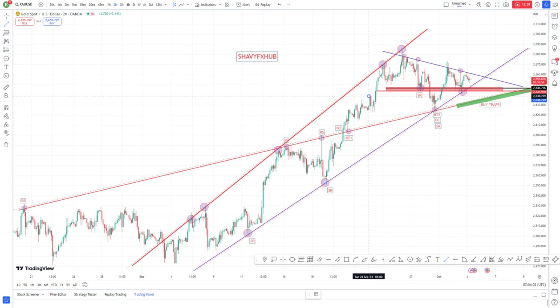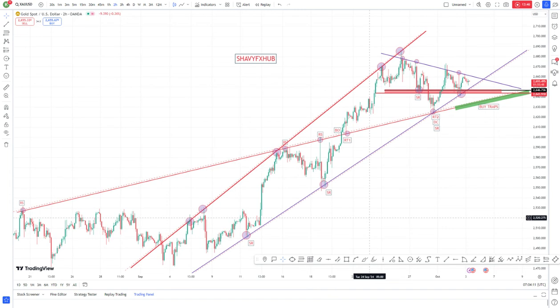We have here a resistance level that we want to see what we can get out of it. So we have here support level, we have here support level. I mean, here this is support. Resistance becomes support.